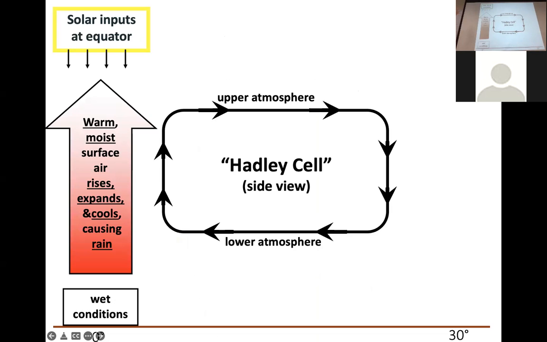You have that warm, moist air rising, expanding, cooling, causing rain. That air is then forced north and south. So in this case, we'll imagine that's 30 degrees north. So we're going into the northern hemisphere. It's going this way because we continually have more air flowing up and displacing it. So then at 30, it falls back down.